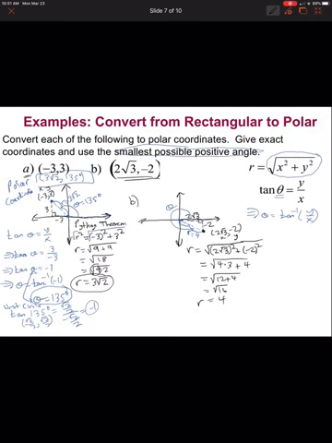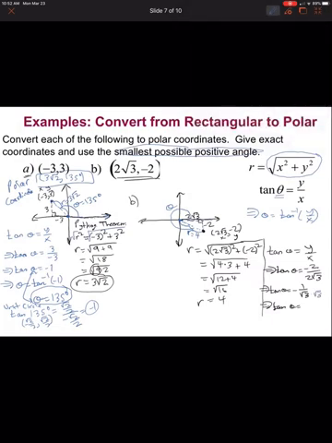So let's find the value of theta. Now theta, again, tan theta is equal to y over x. So tan theta is equal to what? Negative 2 divided by 2 square roots of 3. Now as we simplify that, that's tan theta equal to negative 1 over the square root of 3, and hopefully you recognize this is also one of our special angles.